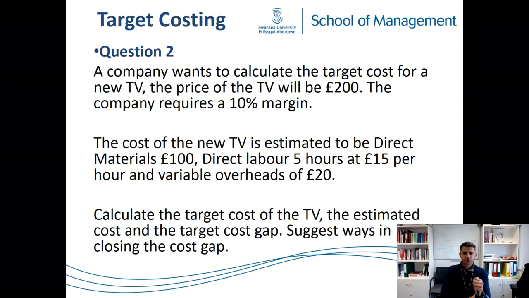So this means automatically the target cost would be the £200 selling price, minus the desired profit of £20, equal to £180. Straight away, the target cost would be £180. Now we'll look at the estimation of the cost of the new TV.